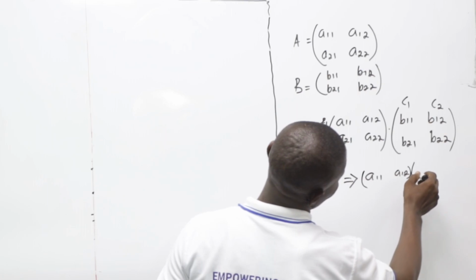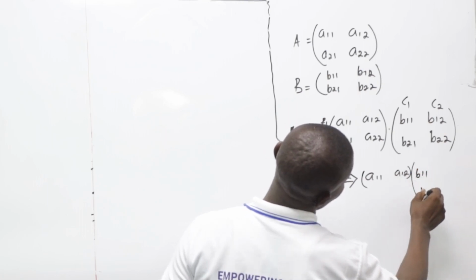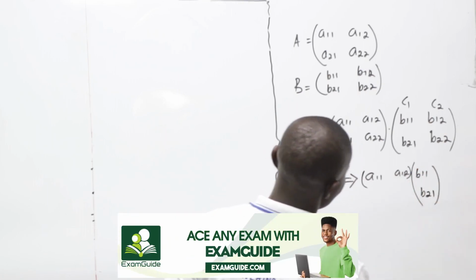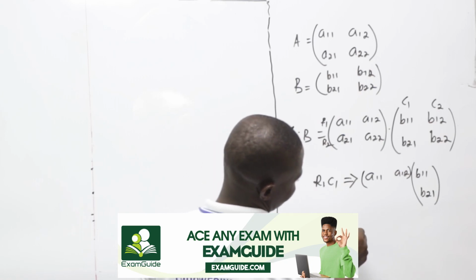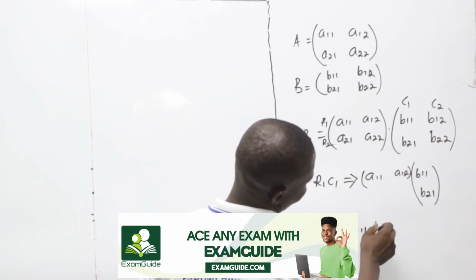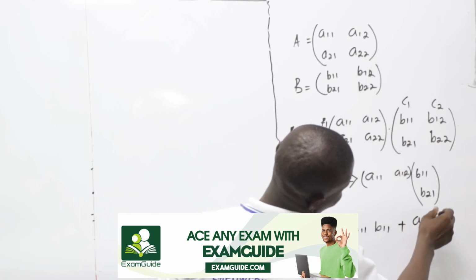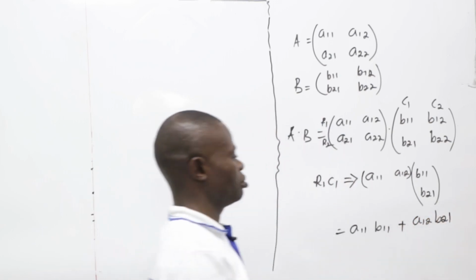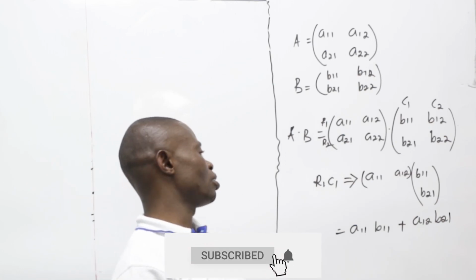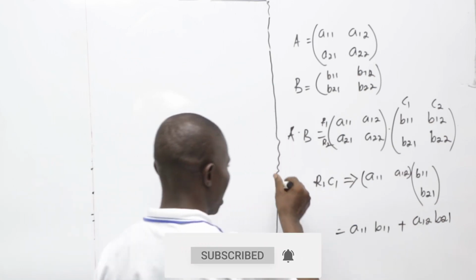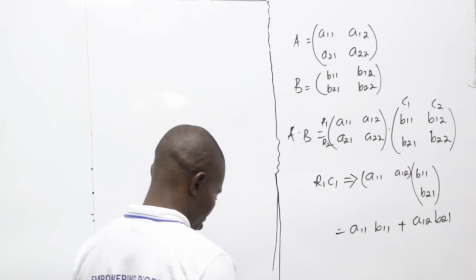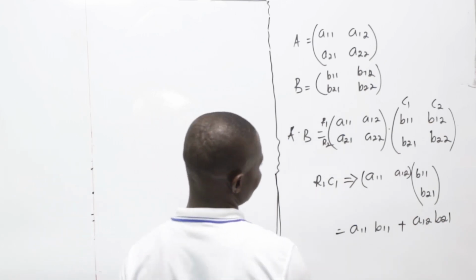into B11, B21. Meaning it's going to give us A11 B11 plus A12 B21. This is how you are going to multiply after learning the procedure for multiplication.